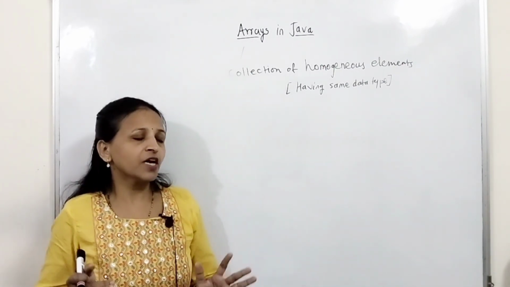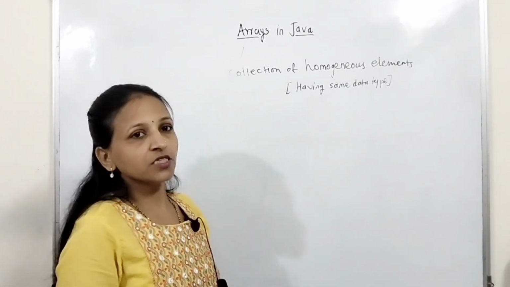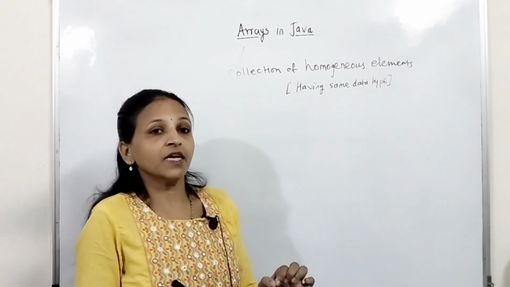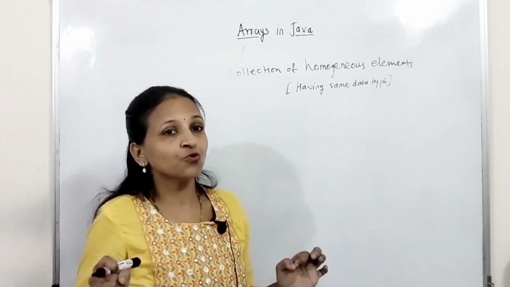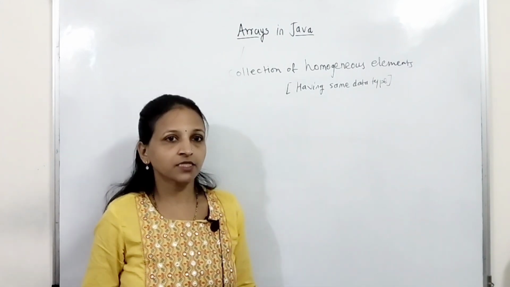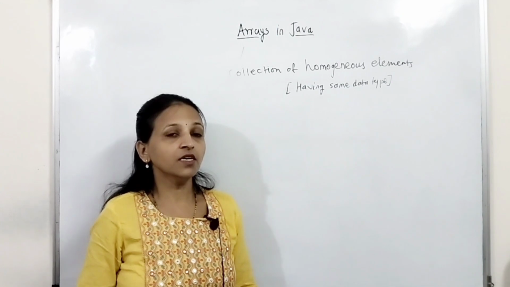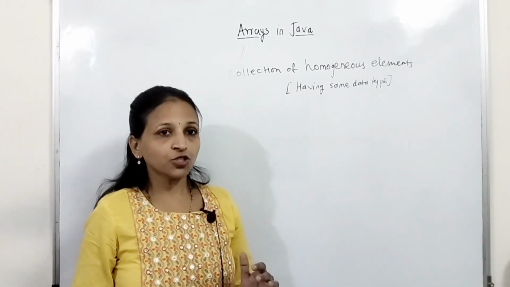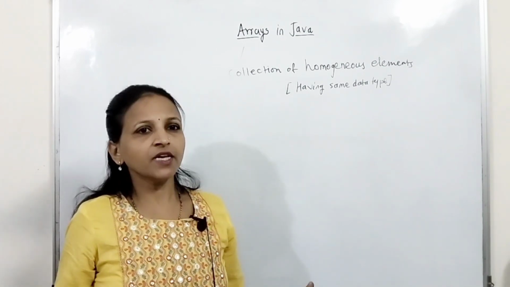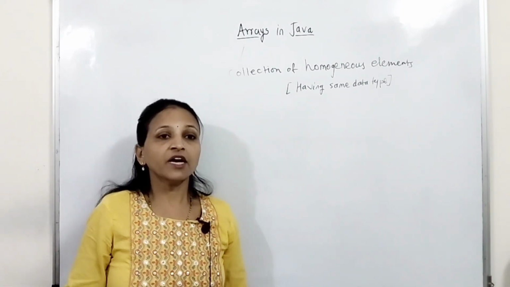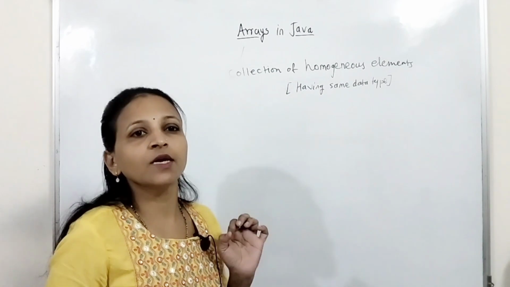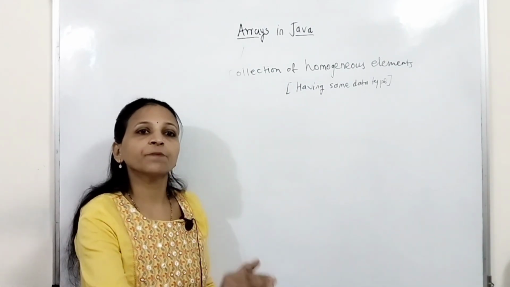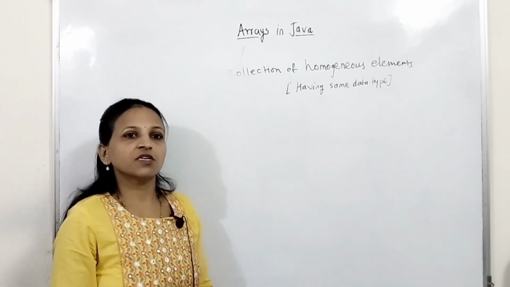Here we are just declaring a variable having a single name but having the capability of storing multiple elements. Here I am just creating one structure that will store multiple elements of the same data type, but those will share the same name. How can we differentiate all those elements? Using subscript. That is the concept of array.